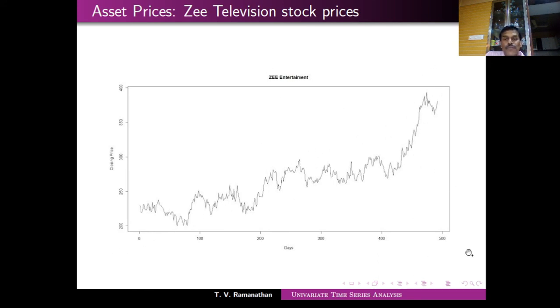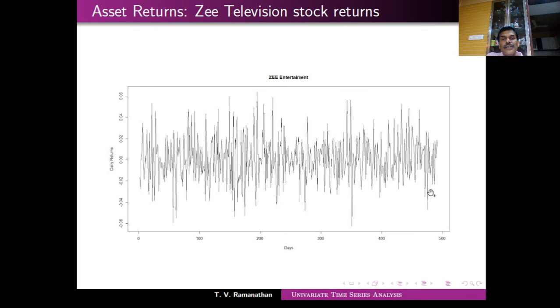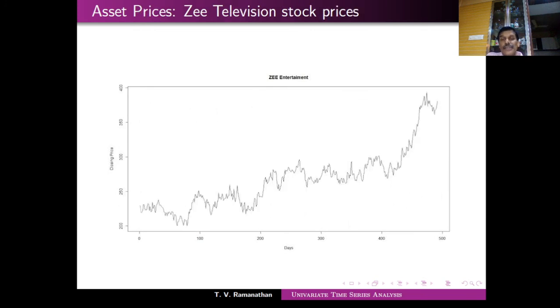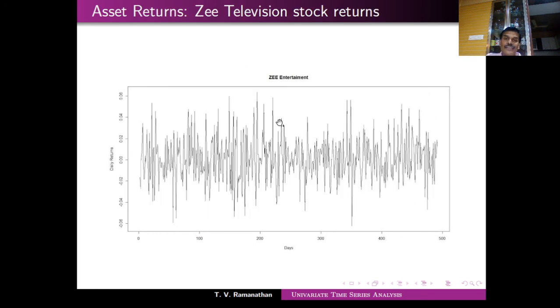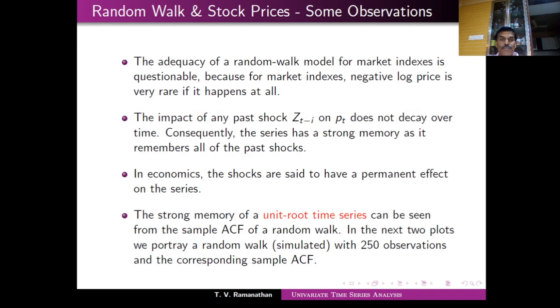But if you consider returns, not differences, and return is nothing but log(Pt / Pt−1), you can see that this is much more stationary as compared to that. So this is one of the reasons that most of the time in a financial context we work with returns rather than the prices itself.